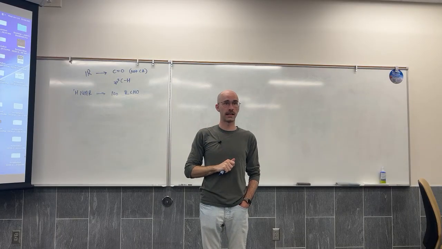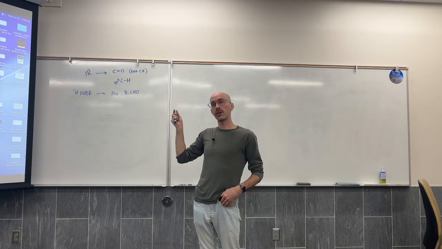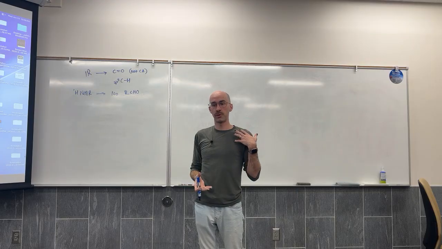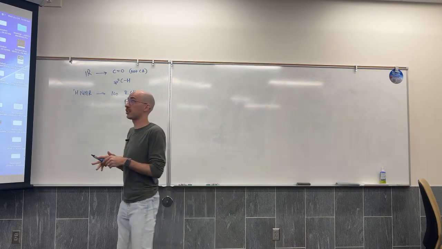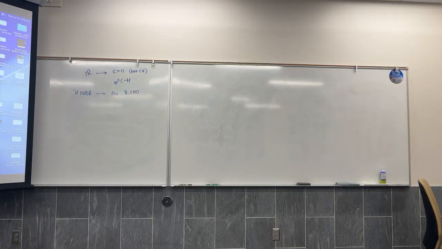No evidence of an aldehyde. Our IR left us wondering then, do I have a ketone and potentially an ether, because it does look like I have a CO single bond, but we agreed that identifying a CO single bond can be a challenge because there's a lot of other things going on.